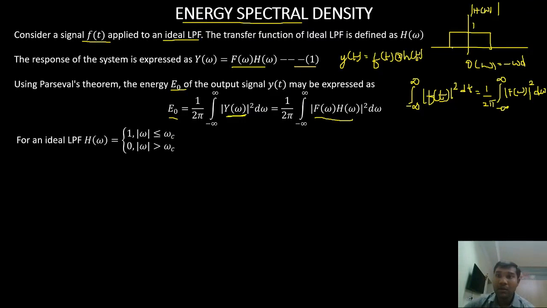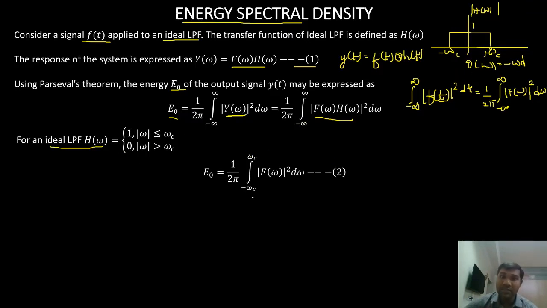Now this is the ideal low pass filter function. It is 1 for omega values between minus omega c and omega c, and 0 for all other values. So I am taking the limits from minus omega c to plus omega c.